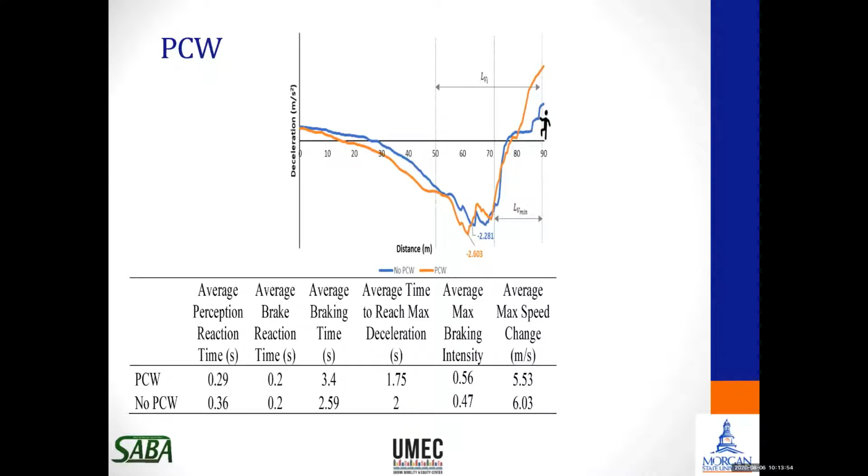collision warning. We use AIC, the Akaike information criterion, which is one of the most well-known approaches for model selection, and we use the log likelihood value. Based on that, we picked the log logistic model to provide the best fit. These are the model results.